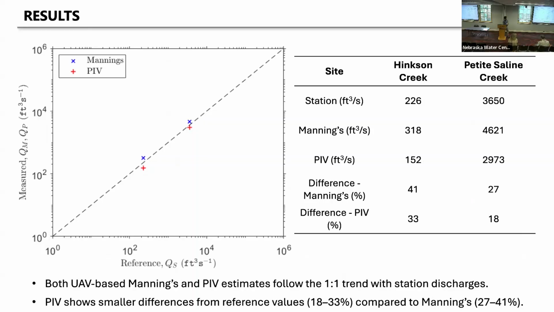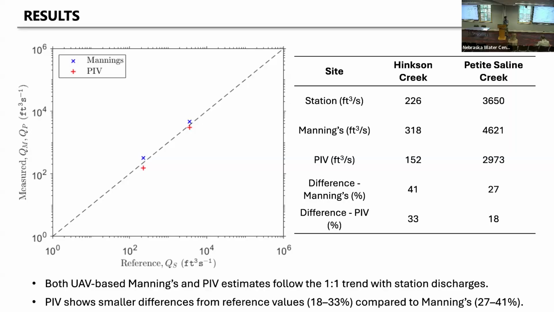This is Manning's discharge, and this is the PIV discharge. They are well aligned with the reference data. These are the PIV measurements, and these two are the Manning's derived discharge.